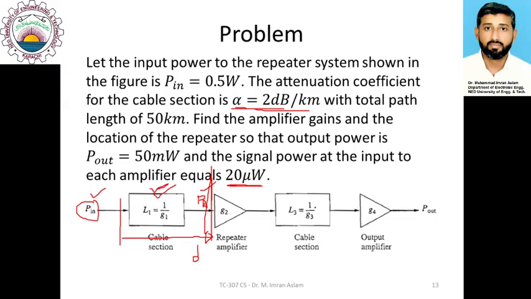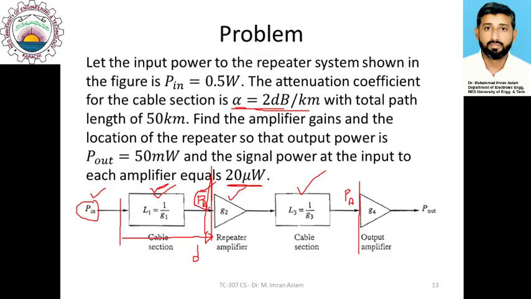Okay, so now let us focus on the next section here. Let's say we start from this repeater to the input side of the other amplifier, and we know that the other amplifier also requires the input power to be equal to this 20 microwatt power, which is represented as PA. So from this to this, you can see that there is one gain, which is this amplifier gain, and one loss, which is this cable section loss.